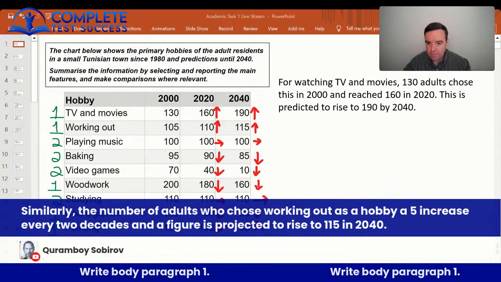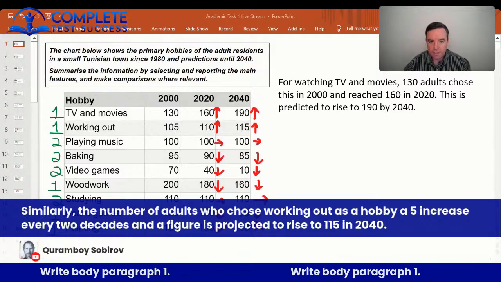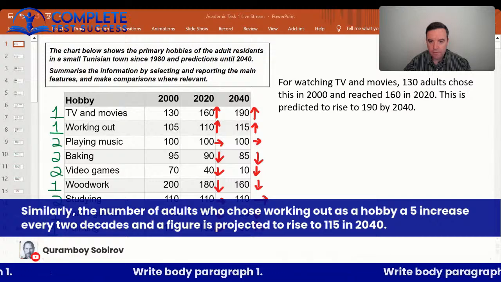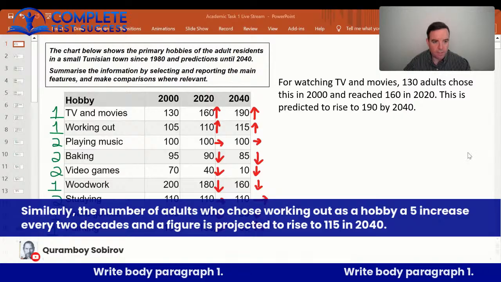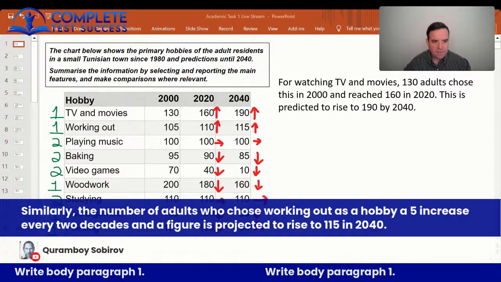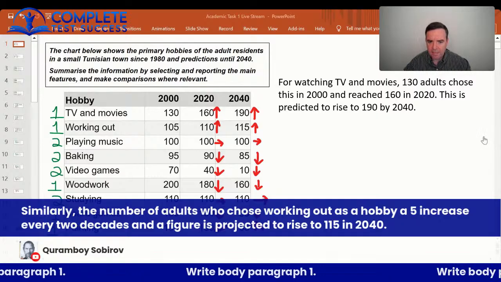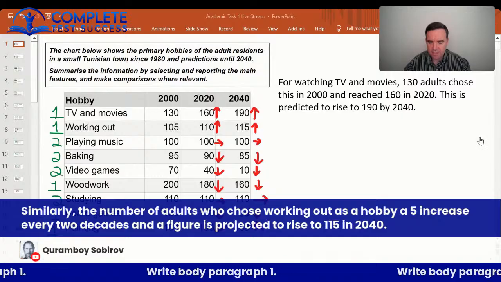Okay, so similarly, "the number of adults who chose working out as a hobby"... there's some mistake there, Cranboy, and I know from your writing that it's a typo of something. "The number of adults who chose working out as a hobby, a 5 increase every 2 decades, and the figure is projected to rise until 115."